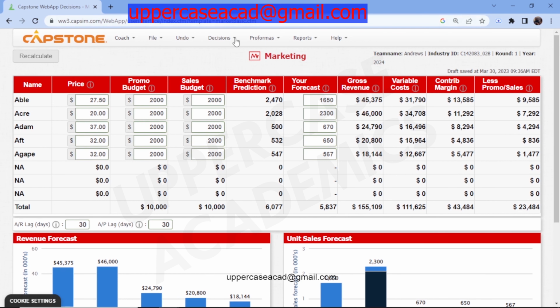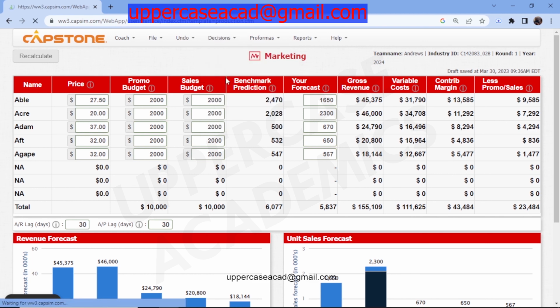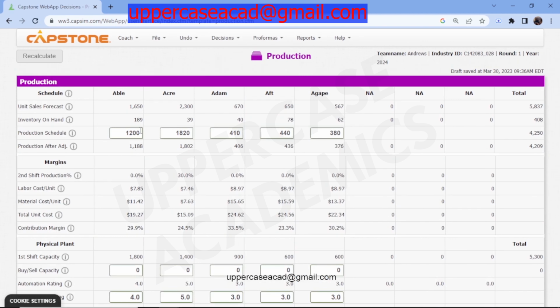The next step is my production, so that I can get the number of units that I can produce. For this one, I'll produce 1500 units.